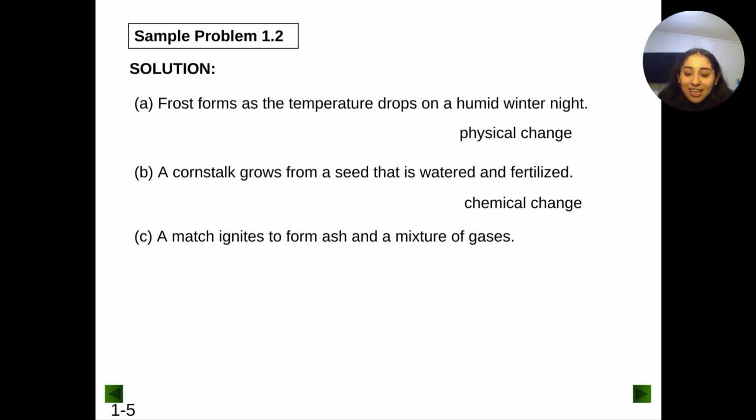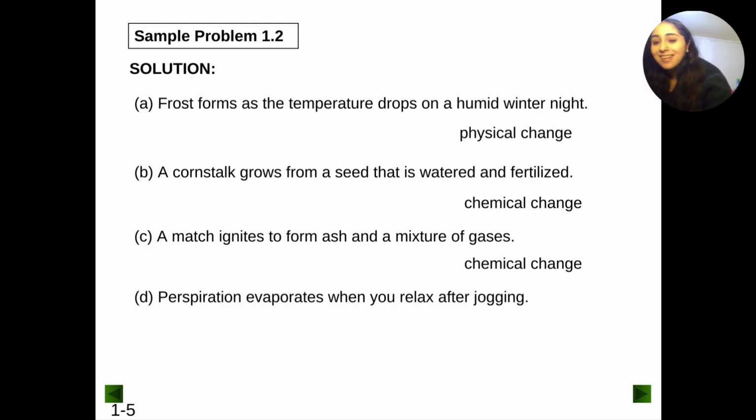C. A match ignites, remember, to form ash and a mixture of gases. An already ignited match. What did I say earlier? Matches after they're ignited, they cannot go back, so they are a chemical change. Exactly. You paid attention.